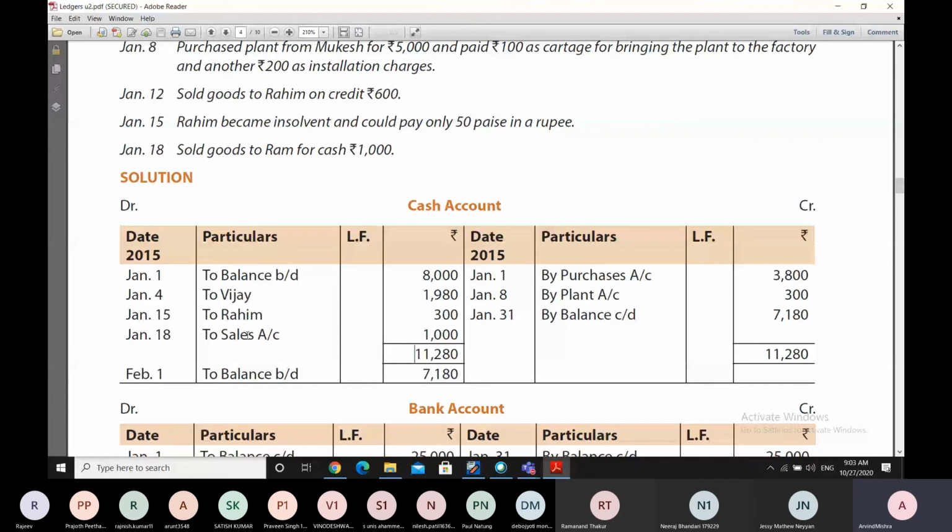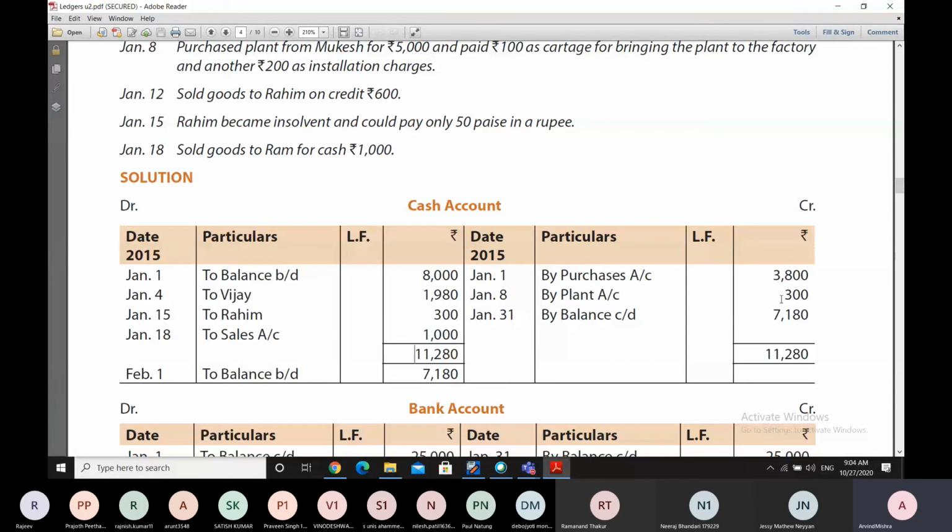So these are all the transactions which have been entered here. After all the transactions are entered, we take the balances of both sides of the account. For example, in this cash account, we have found a total of 11,280 rupees. And on the other side, we find a total of 4,100 rupees.